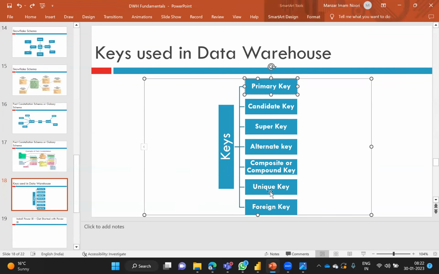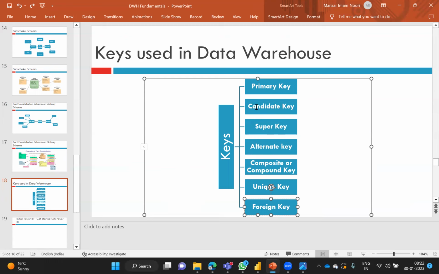Primary key we know, unique key we know, foreign key we know, and here we have candidate key, super key, alternate key, and composite key. These are some keys which are considered during data warehouse design, because they want to check which of these keys can be used for uniquely identifying a tuple in the database.